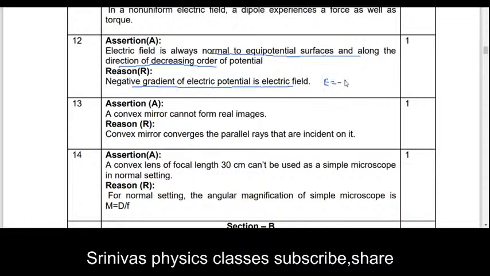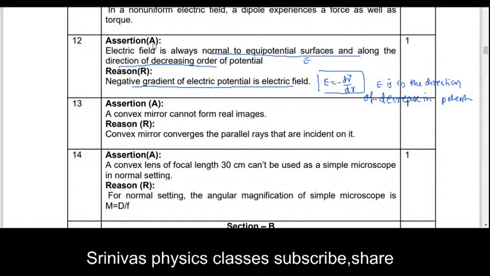Electric field is the negative gradient, minus dV by dr. Dv means change in potential. Minus means decreasing, so E is in the direction of decrease in potential.